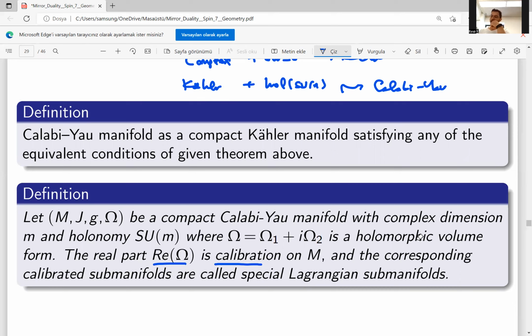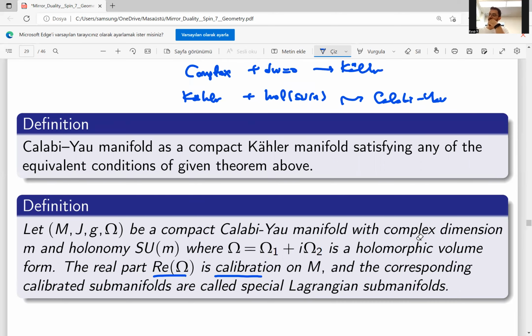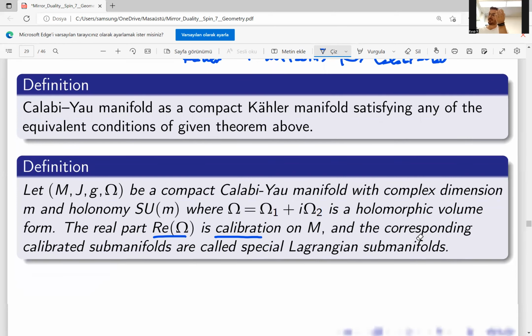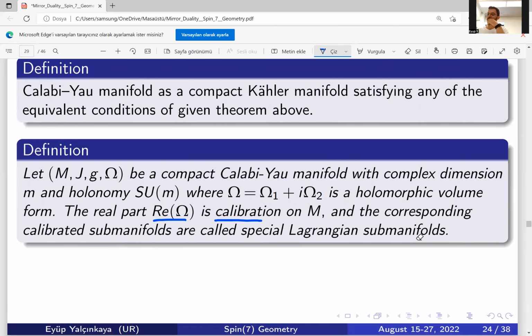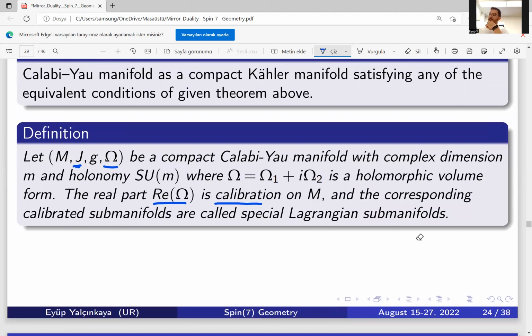Okay, and here, for the Calabi-Yau manifold, we first have to define the almost complex structure, with the metric fixed, and now we have to define omega, and this omega is the holomorphic volume form. If you take the real part of this omega, it is a calibration.